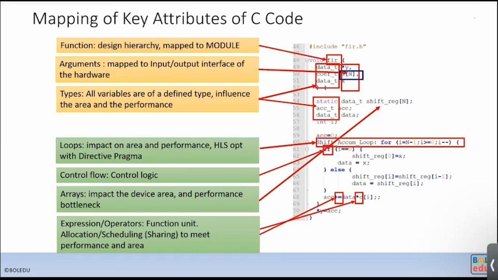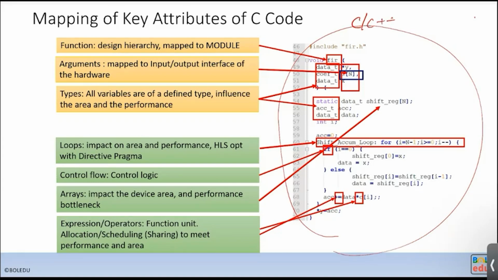Next I'm talking about the C to HLS process. On the right hand side is a typical C code. And how does it map to RTL? Basically, you want to have C map to Verilog code.